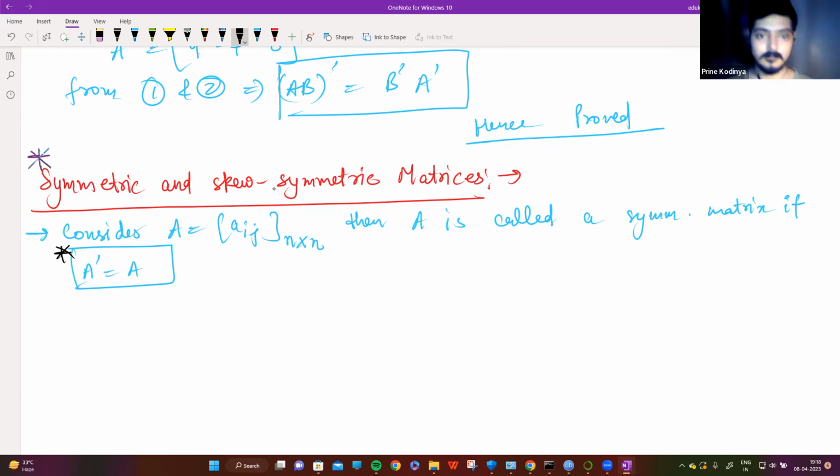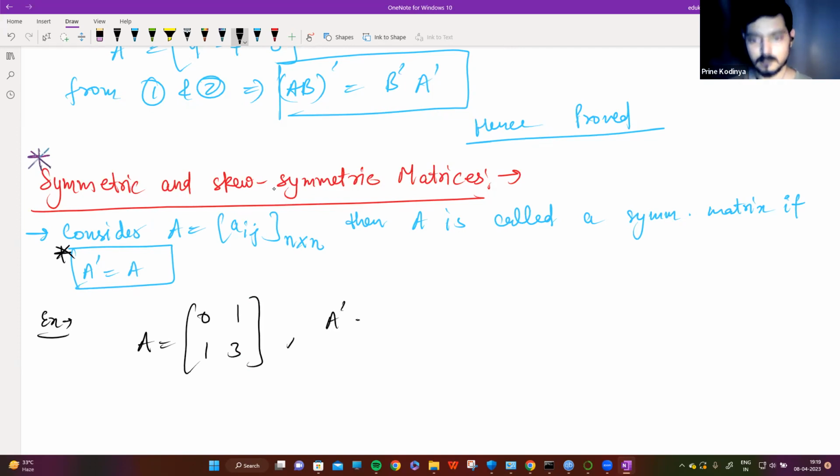Now let's understand why this is called symmetric and why this has to be a square matrix. Let's take a matrix. I'll show you one symmetric matrix first. So this is a symmetric matrix. Let's see how.